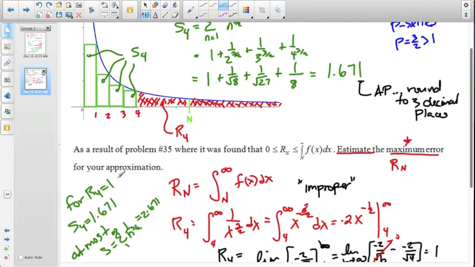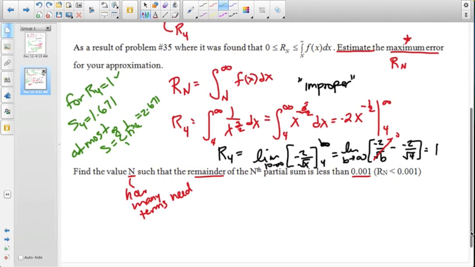If we're off by 1, this is how far we are off from the actual value at most. So the sum could be at most this much. What the actual sum is, I am not altogether sure.